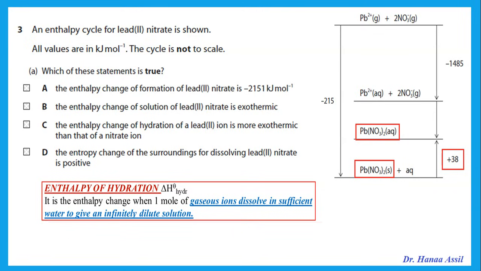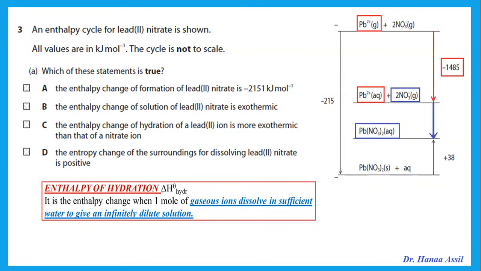C, the enthalpy change of hydration of lead is more exothermic than that of nitrate. What is enthalpy change of hydration? It is the enthalpy change when 1 mole of gaseous ions dissolve in sufficient water to give an infinitely dilute solution. So hydration is from gaseous ions to solution. Where is that? The lead 2 plus to lead 2 plus aqueous, and the 2 nitrates to lead nitrate aqueous.